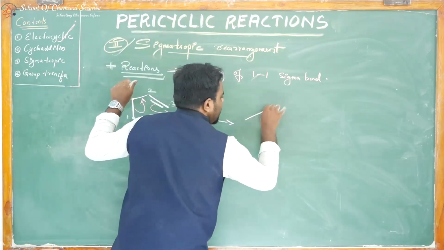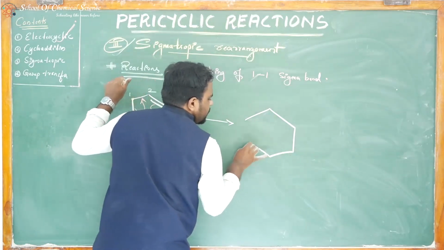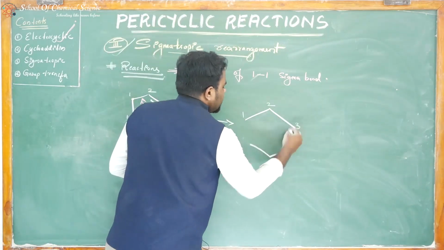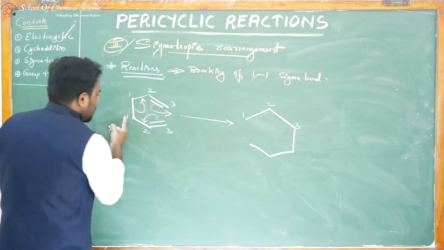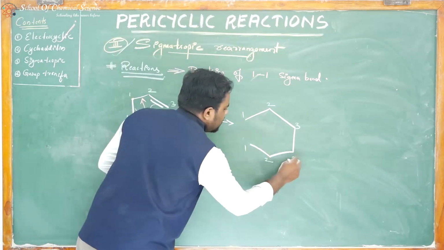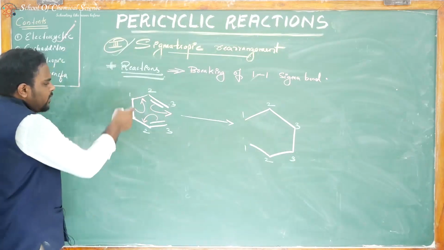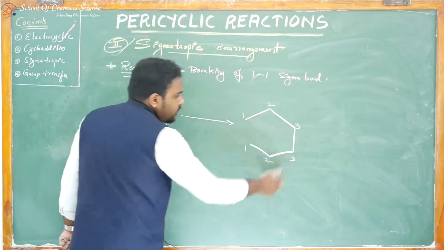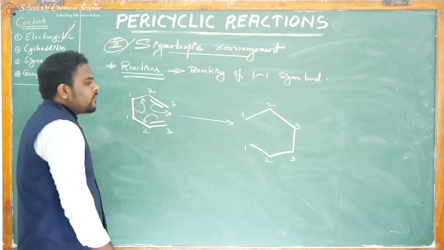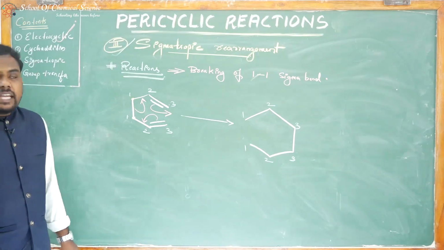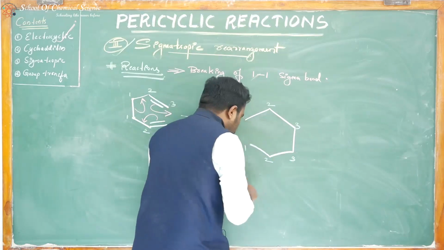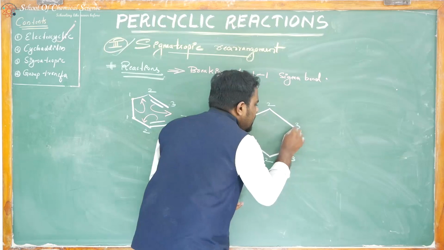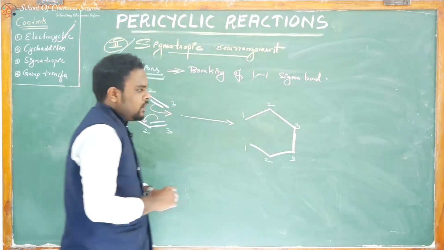So the product will be, again giving numbers: this is 1, 2, 3, here also 1, 2, 3. So one bond undergoes breaking, and between 3 and 3 a new bond is formed. So the name of the sigmatropic rearrangement is given by wherever the new sigma bond is formed, between 3 and 3.